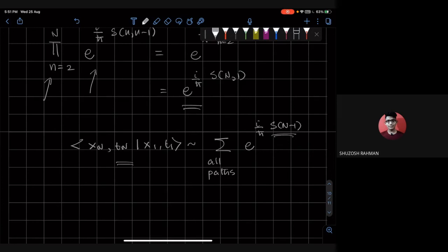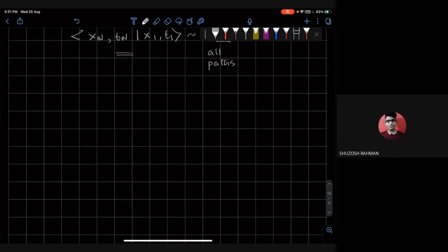And so how did this sum come about? This is an assumption. Remember, for example, if you're doing quantum mechanics and a double slit experiment, you basically say that there is an amplitude.